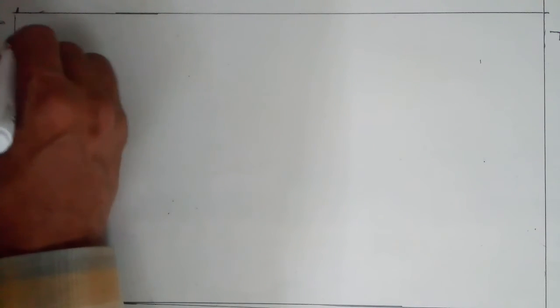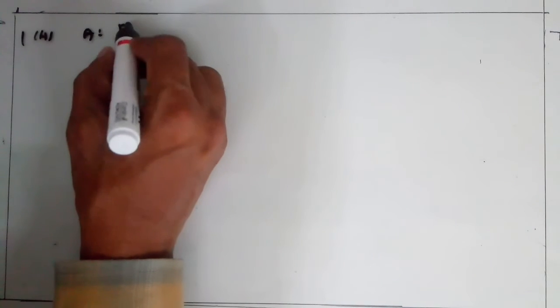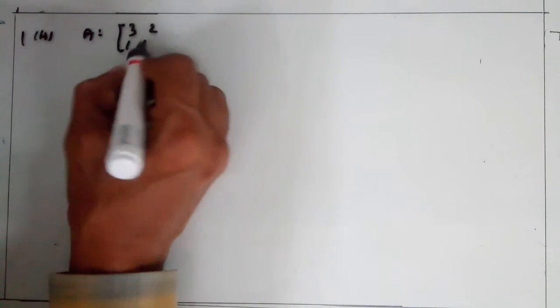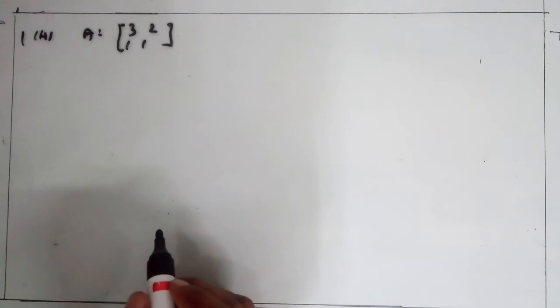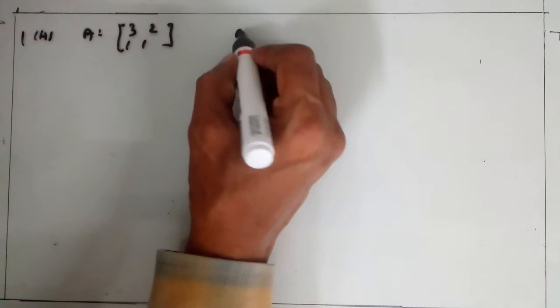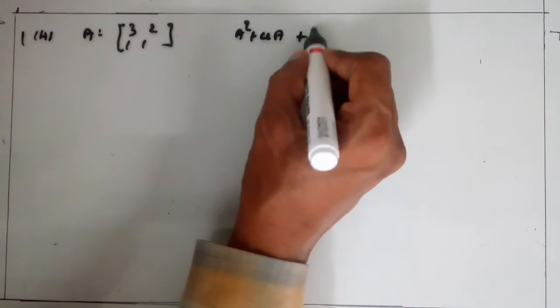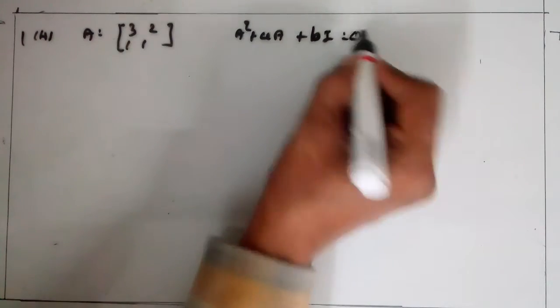Now next question. Question number 14. If for a matrix A is equal to 3 2 1 1, find a and b such that A square plus a into A plus b into I is equal to 0.